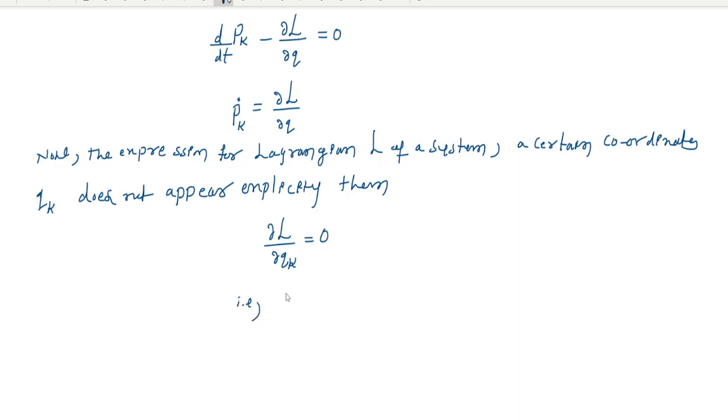That means p k dot equal to d by dt of the partial derivative of L divided by q k dot equal to 0.